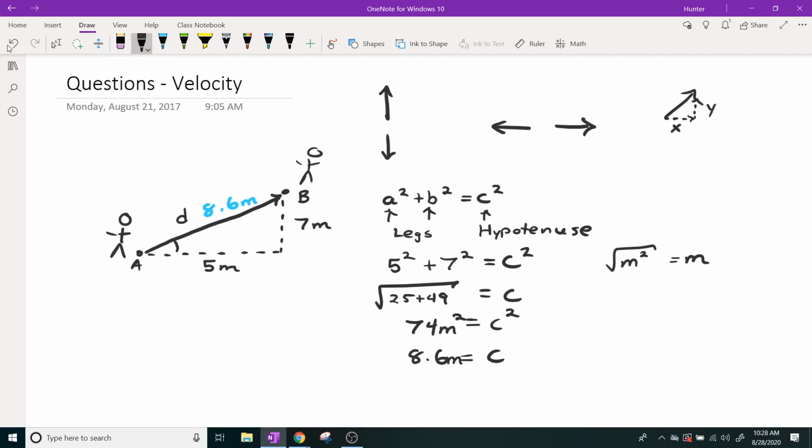Now, another thing that's going to be really important to us is to be able to find the angle at which this vector is pointed. If you're pointing from A to B, in the up and down direction, up would be north, down would be south, right would be east, left would be west.